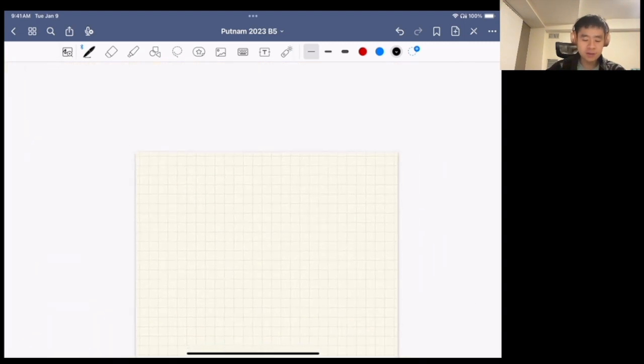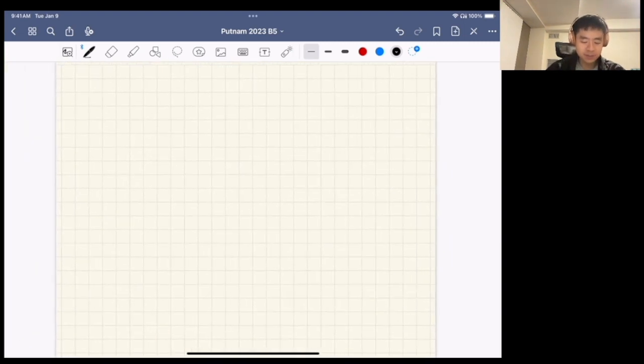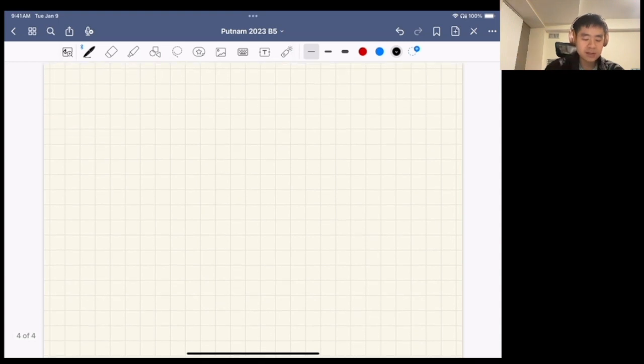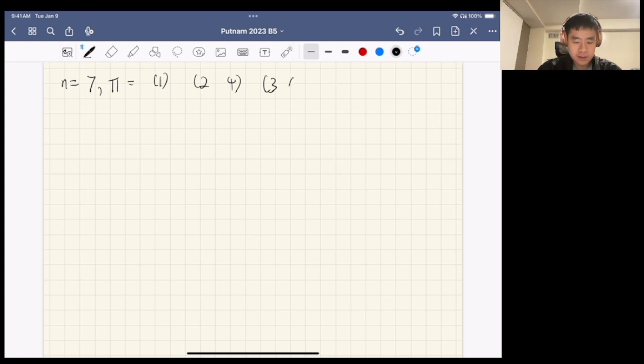Let me give another example, say n equals 7, and pi is 1, 2, 4, 3, 6, 5, 7, meaning pi 1 equals 1, pi 2 equals 4, and then pi 4 equals 2, and then pi 3 equals 6, and the list goes on.